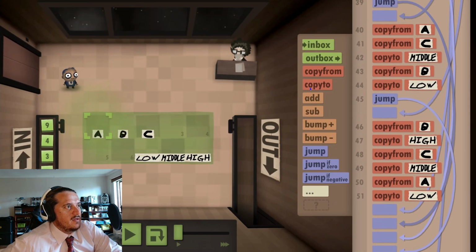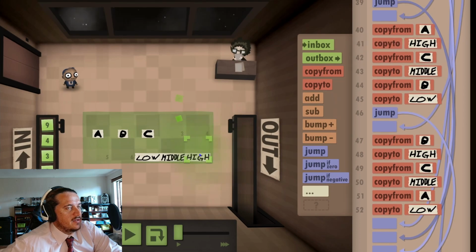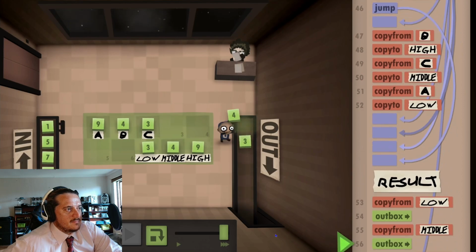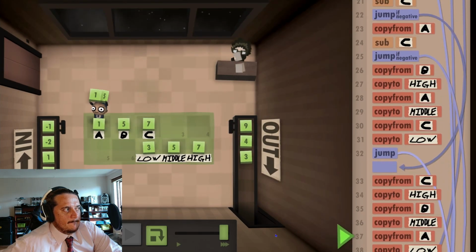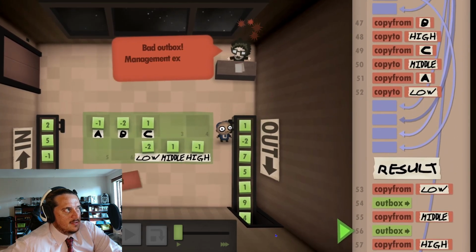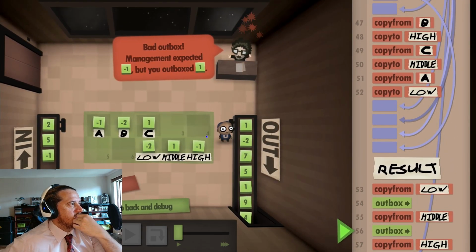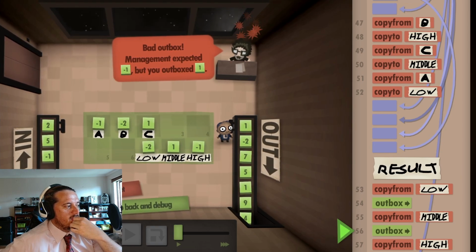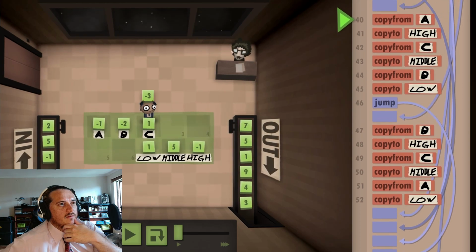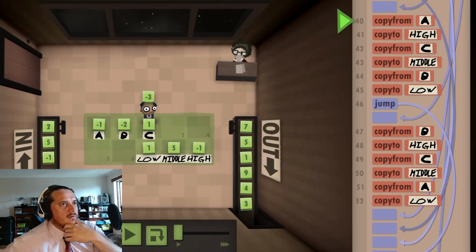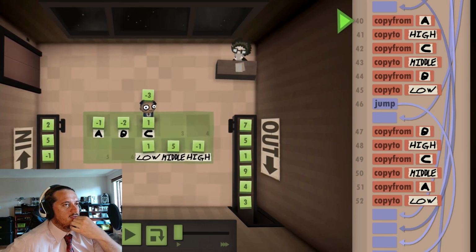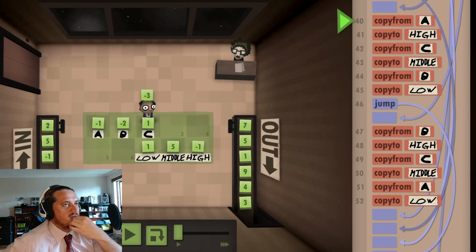Copy from A. Copy to I. Can't miss out those steps. Maybe this time? No, still. So where are you skipping? What? A is not high. Oh no, that's not right. Now you're calculating it wrong.